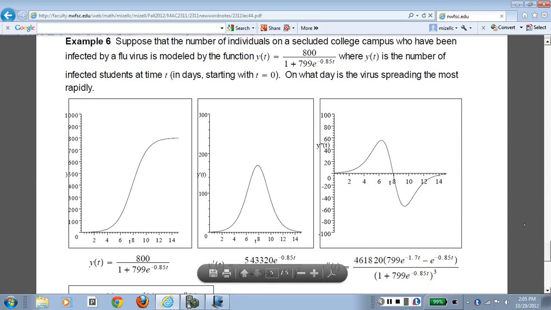So here we go. The number of individuals on a secluded college campus who have been infected by a flu virus is modeled by this logistic growth function here, where y of t is the number of students infected at time t in days, starting with t equals 0. So if we just plug in 0 for t, e to the 0 is 1, yes?